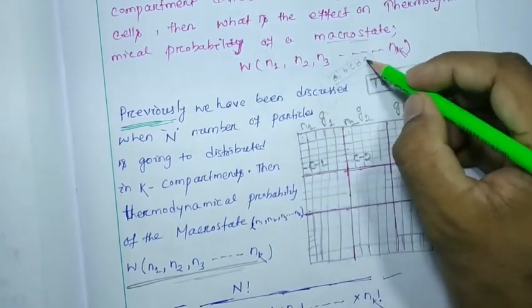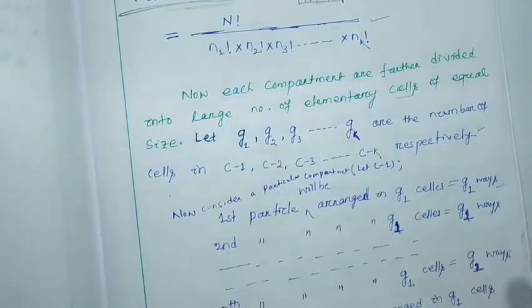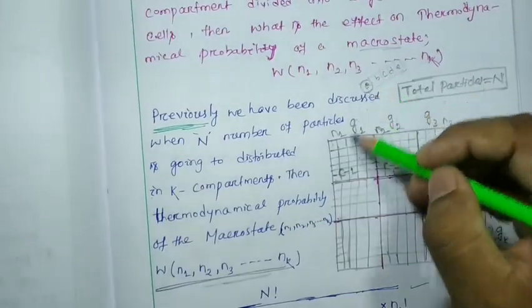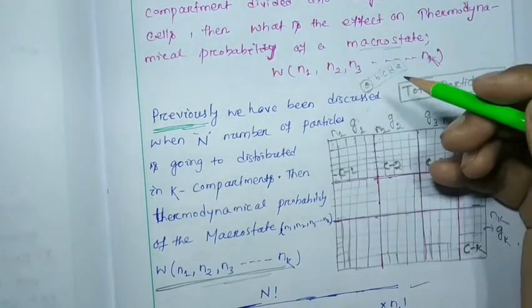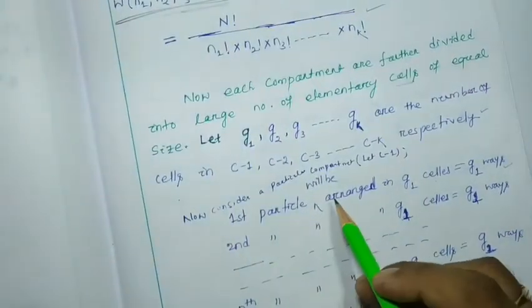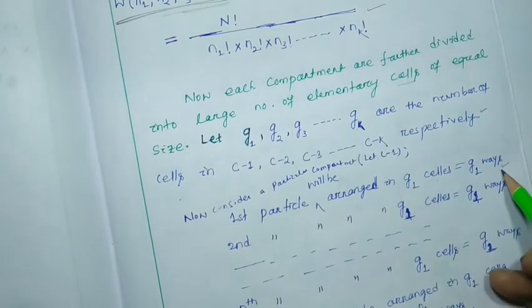So the first particle A can be arranged in g1 cells. How many ways? g1 ways. Got my point? So the first particle arranged in g1 cells gives g1 ways.